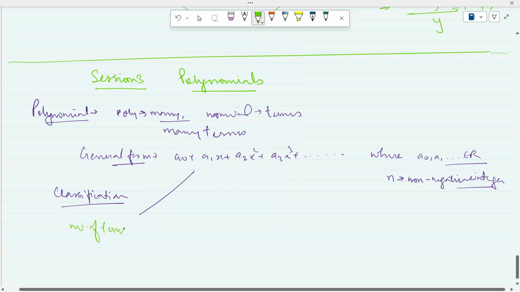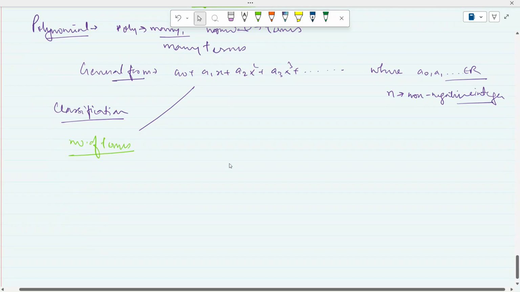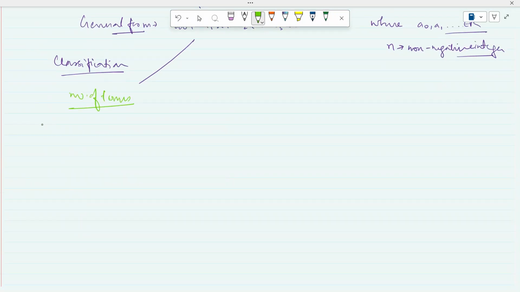So how? Let's see, there is something known as monomial. Here we have a single term like 2 root 2 x, 15 m 4. So the term is only one. This is a single term, this is a single term.